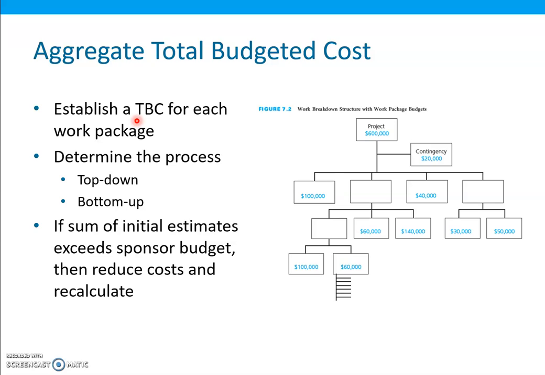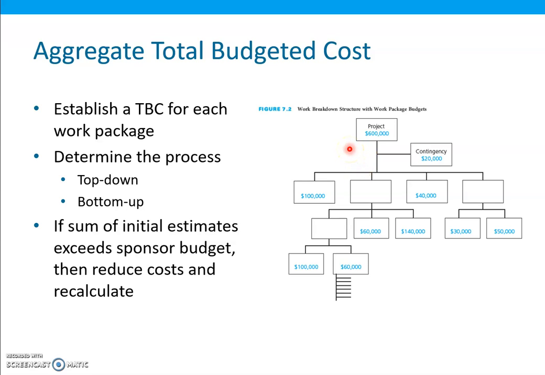So there are two approaches to establishing the total budgeted cost for each work package. One is the top down and the other is the bottom up. So often the sum of the initial estimated costs is greater than the amount of funds budgeted by the sponsor. So several iterations may need to be made to reduce the costs. So if we look at this figure, this figure illustrates the allocation of a $600,000 project.